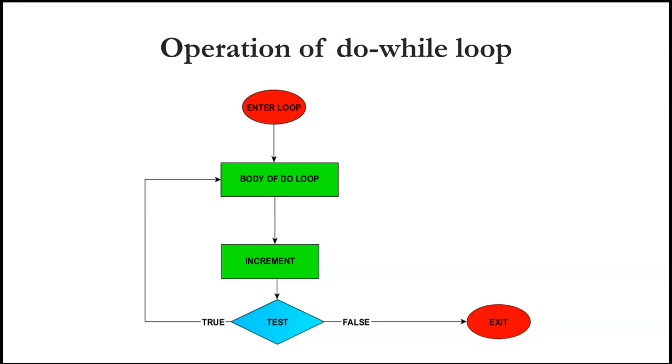Okay, if the loop expression evaluates to true, the body of the do loop is executed again, and if the loop expression evaluates to false, the do loop simply exits. Okay, so the loop expression is your test expression.